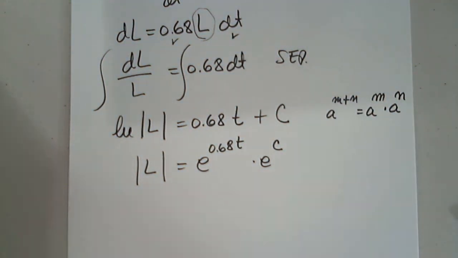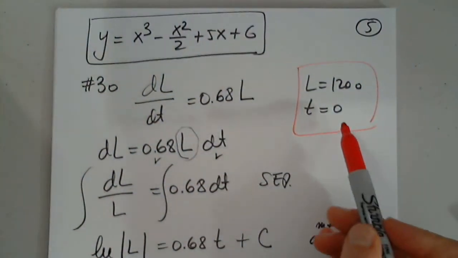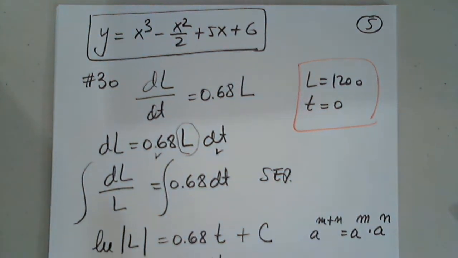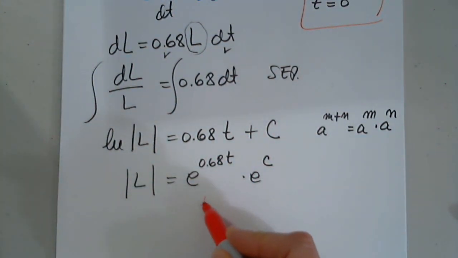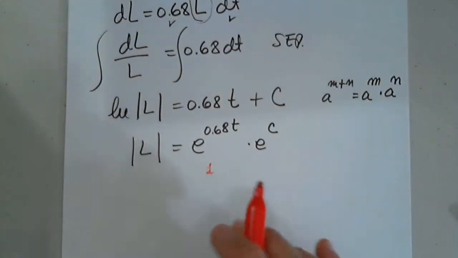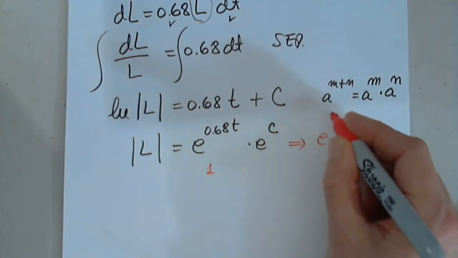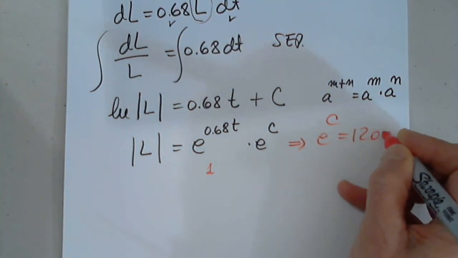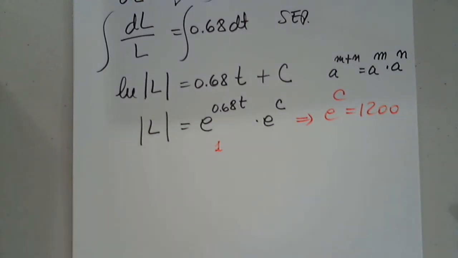Now I have to use the initial condition. So when t is 0, L is 1200. So when this is 0, all this is 1. So e to c equals 1200. So from here I know that e to c equals 1200. Similar to what we had before.